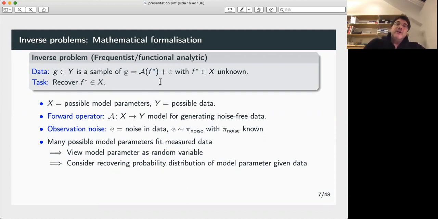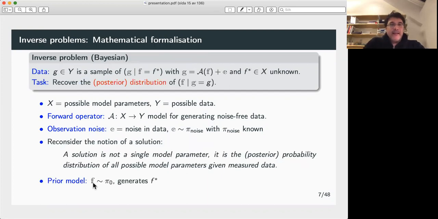Think of it as an image. So quite often it makes sense to view not only the data as a random sample, but also the ground truth image, which is here seen as deterministic, as a random sample. If you introduce that viewpoint, then you essentially change the formulation of the inverse problem.